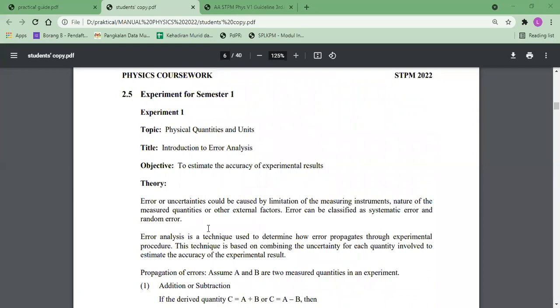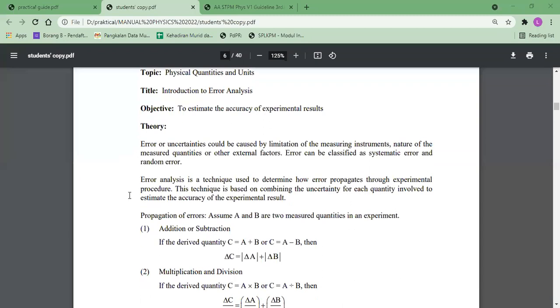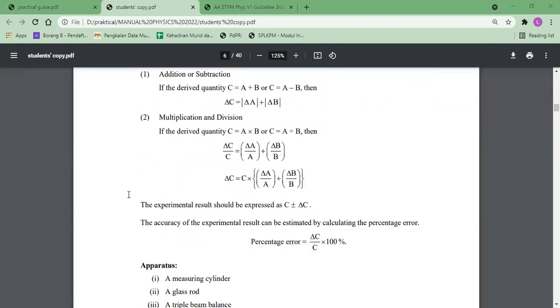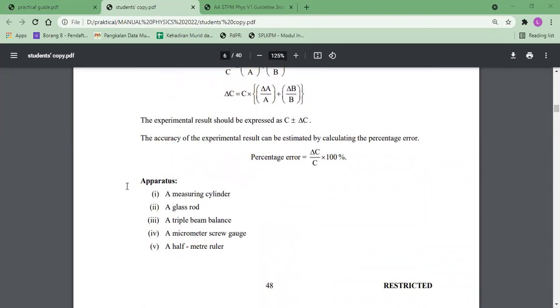So what you need to do first, sure, we use an A4 test pad. On the A4 test pad, you must write first experiment one, if not, we don't know which experiment it is. So experiment one, starting with topic, title, objective, and the theory, and the apparatus.